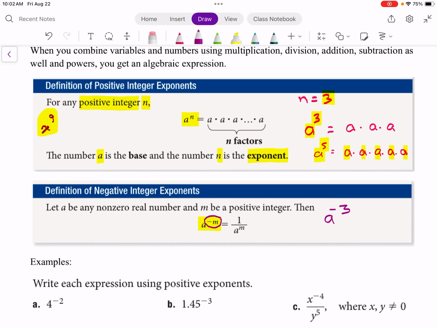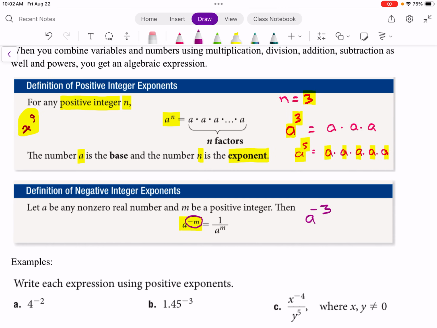Our exponent, or power, is a negative number. In order to rewrite this with a positive exponent, we have 1 in the numerator, then you write the same expression, a to the power 3, without the negative sign. This is how we can rewrite a negative exponent as a positive exponent.